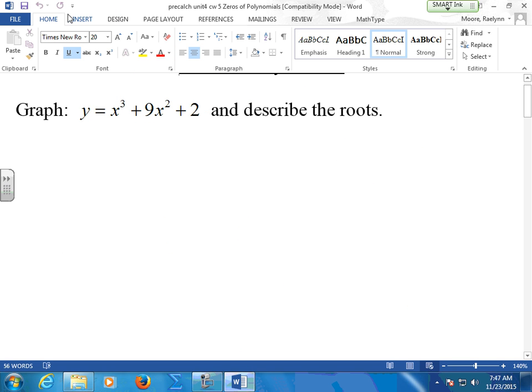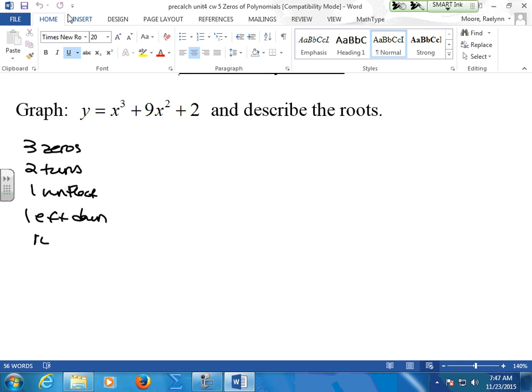Okay, we have 3 zeros. How many turns? 2. How many inflections? 1. Okay, what do my end behaviors look like? Left down, right up. What's my y-intercept? 2.